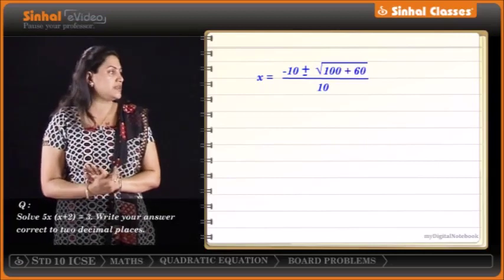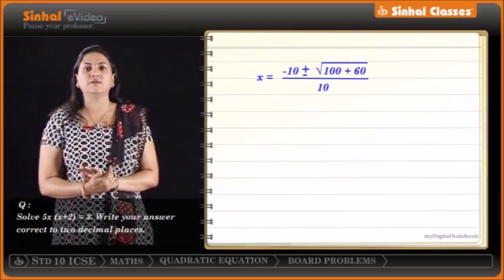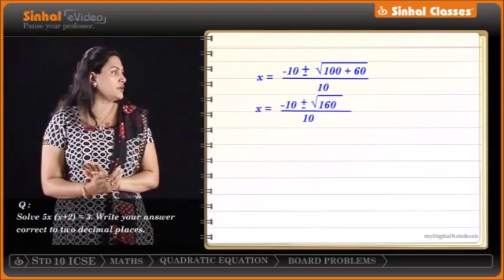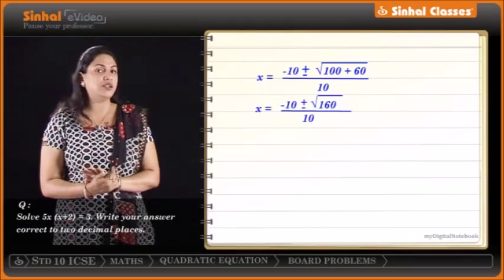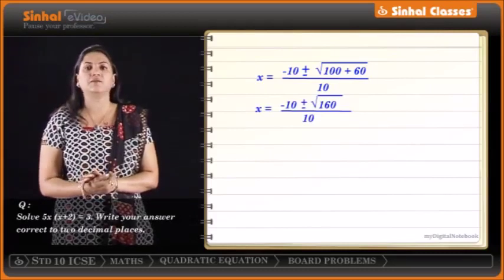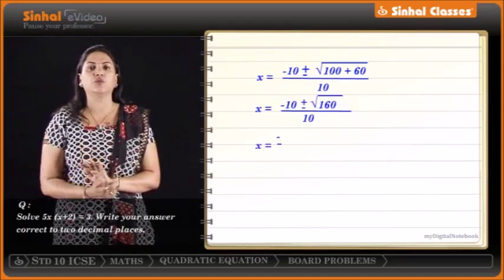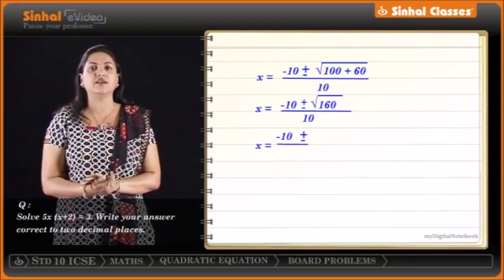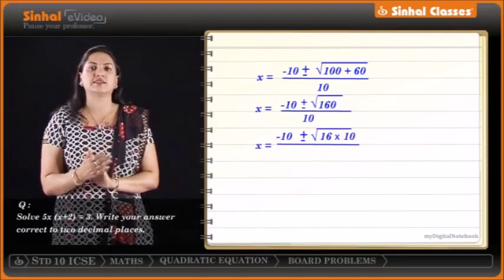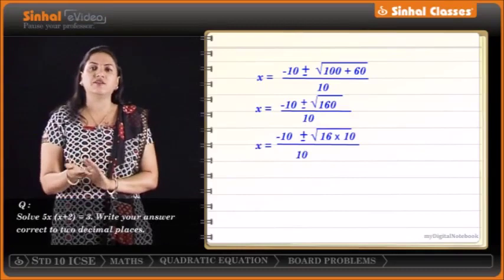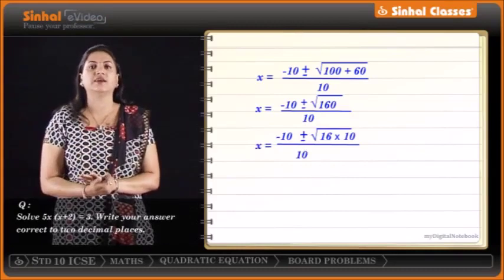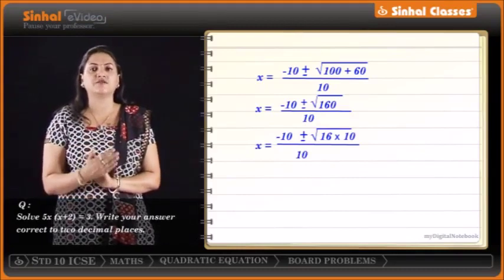So the next step is minus 10 plus or minus root 160 upon 10, which is equal to minus 10 plus or minus root. Now 160 we will write as 16 into 10. Now we remove 16 outside the root sign, it becomes 4.